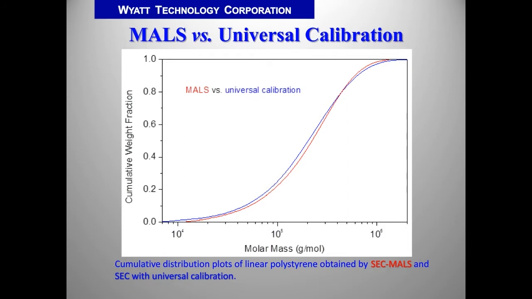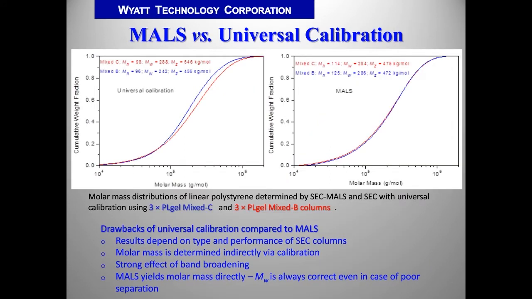Another drawback of universal calibration when compared to MALS is that the results typically depend on the columns that are used. The left graph shows distribution plots obtained for the same sample, but using different column systems.